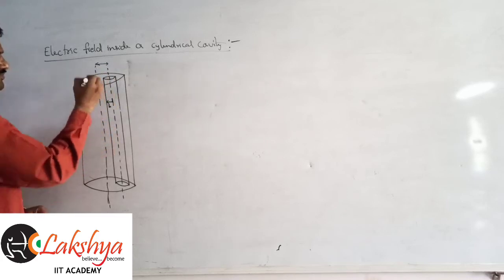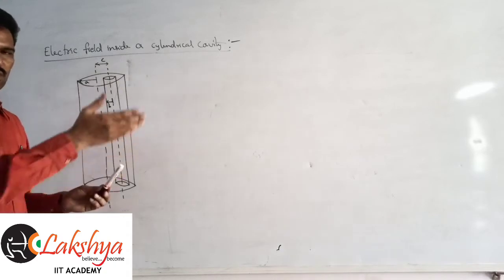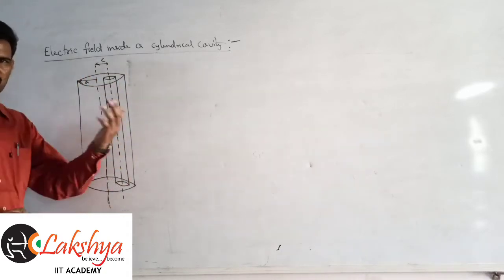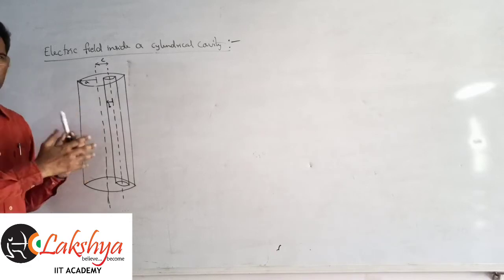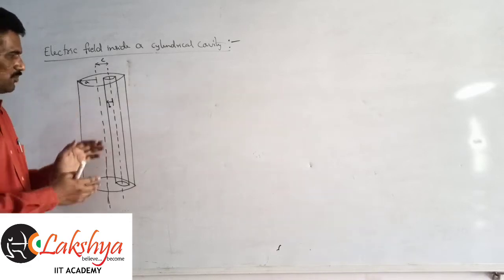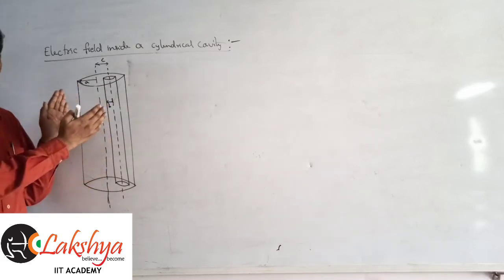Got it? These are the same dimensions as our spherical cavity. I am taking the same notation so that you can remember them easily. A is the radius of the original cylinder, B is the radius of the cavity, and C is the distance between the axis of the original cylinder and the axis of the cavity.